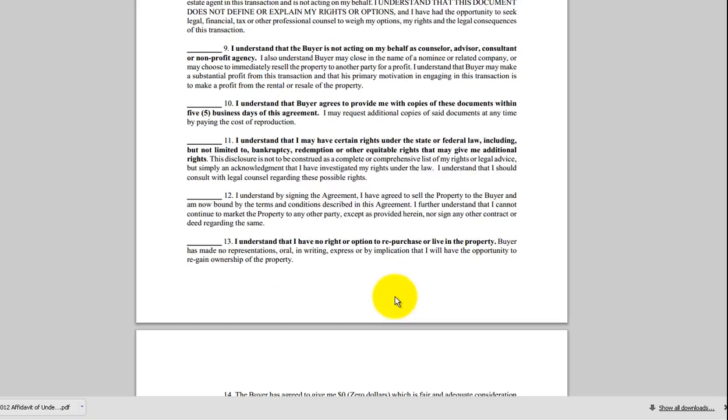They understand that by signing this agreement, they have agreed to sell the property to the buyer, and they're bound by the terms of the agreement. So in other words, we're not starting short sales with people that don't really think it's a sale. The purchase and sale agreement is a valid contract where the seller owner of record has agreed to sell the property to the buyer, Corey Taylor LC, for consideration.